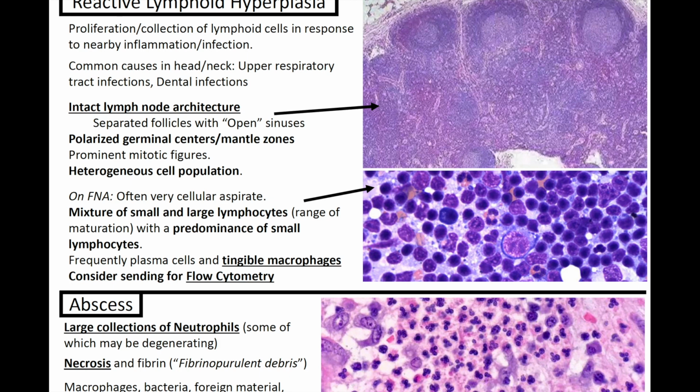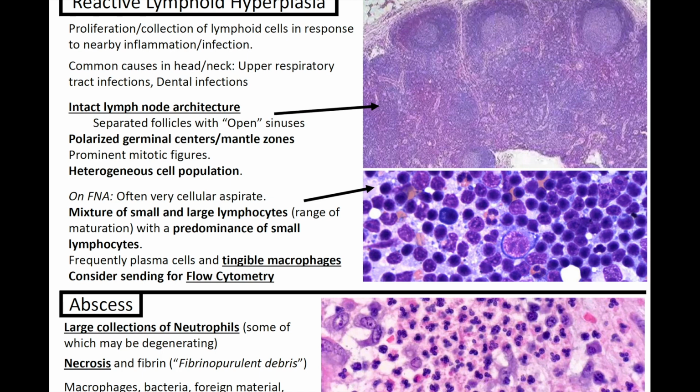Heterogeneous cell population is important because if it was a monotonous cell population or composed of predominantly the same cell type, we may be more concerned of a lymphoma or some kind of hematolymphoid malignancy. But if it's a heterogeneous population and composed of various cell types, we're less concerned. Or we can be more confident that maybe it's just a reactive or hyperplastic process, which would be good for the patient.